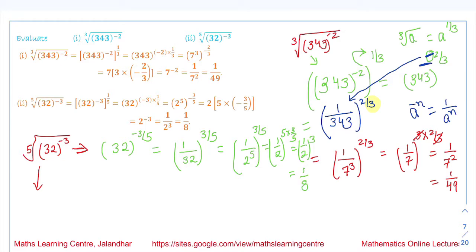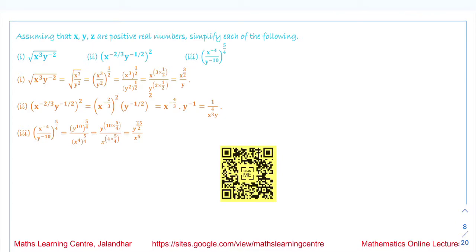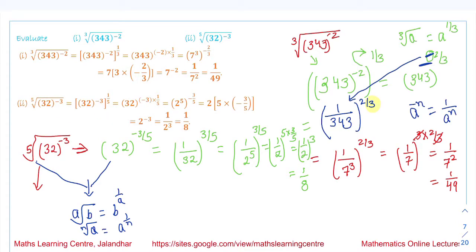So what formulas have we used? For this step, we have used the formula that the nth root of a is equal to a raised to the power 1 by n. In the second step, we have used the formula a raised to the power minus n is equal to 1 over a raised to the power n.